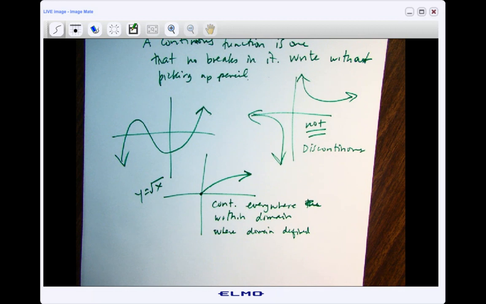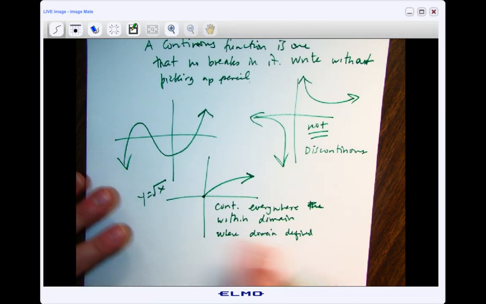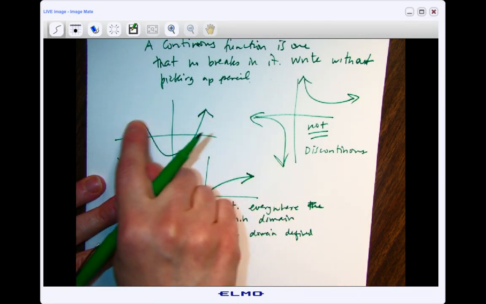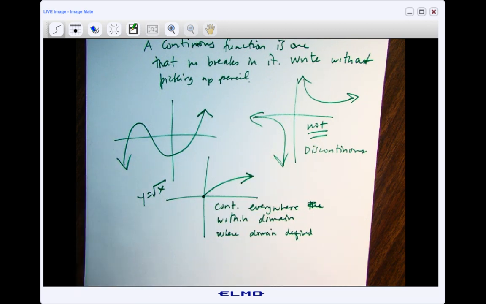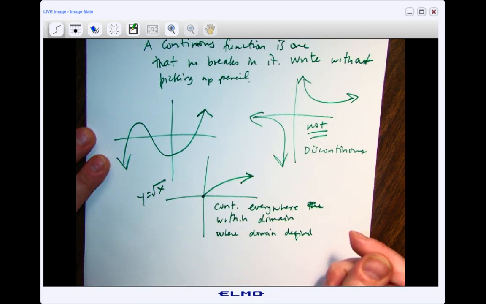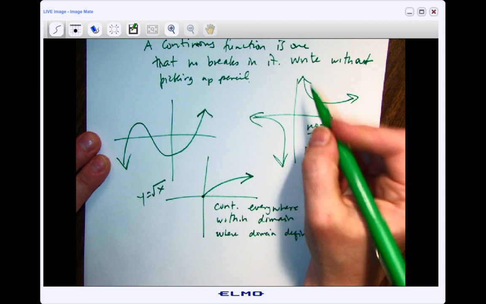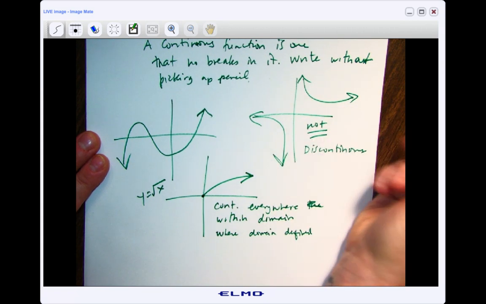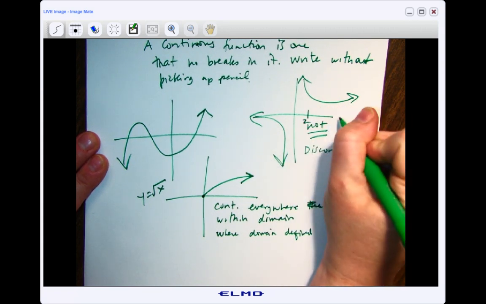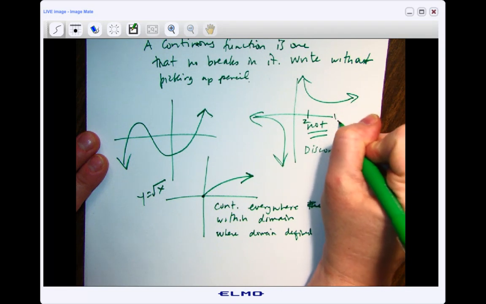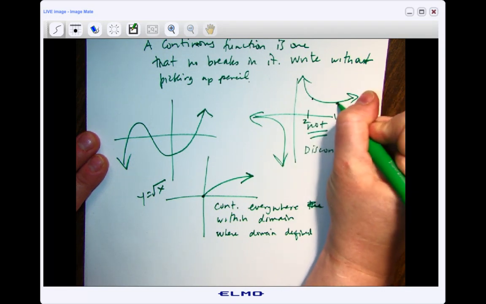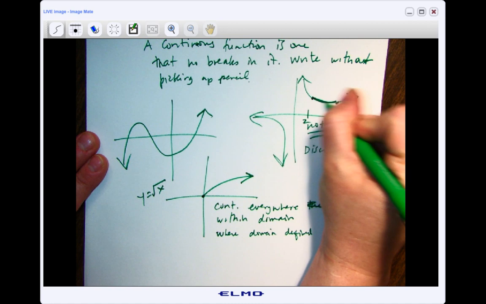This leads us to another idea: you can be a continuous function like this, or you can be continuous only in some places. So this function would be continuous from 2 to 7. On this interval, you can be continuous over an interval.